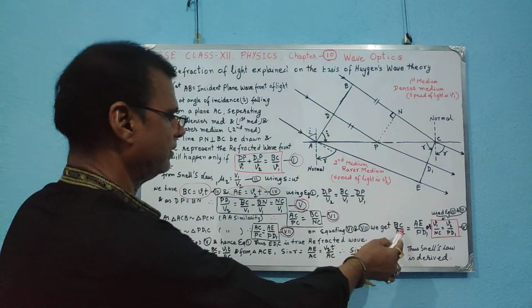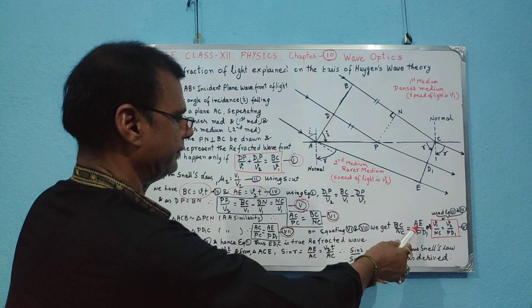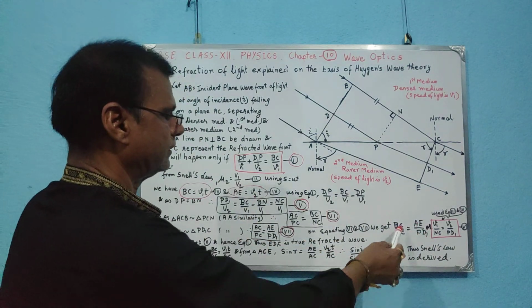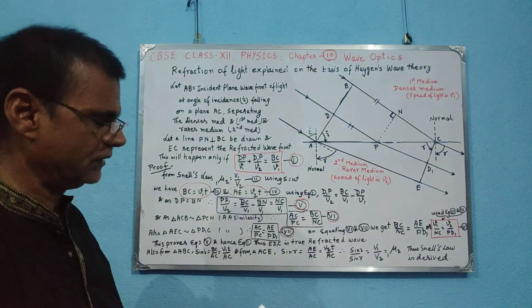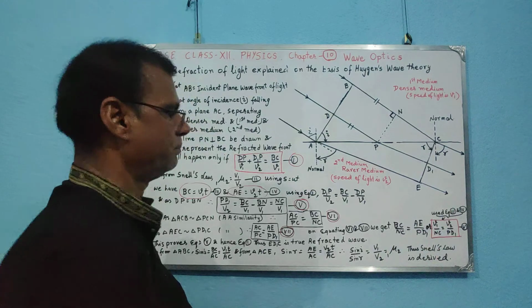If you put these values, you get V1T by NC and V2T by PD1, and so T is cancelled on both sides. We are left with V1 upon NC equal to V2 upon PD1.